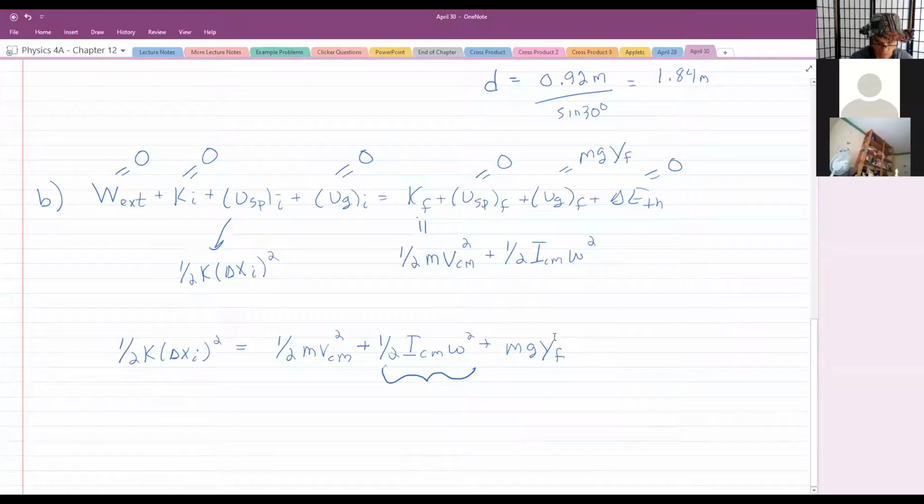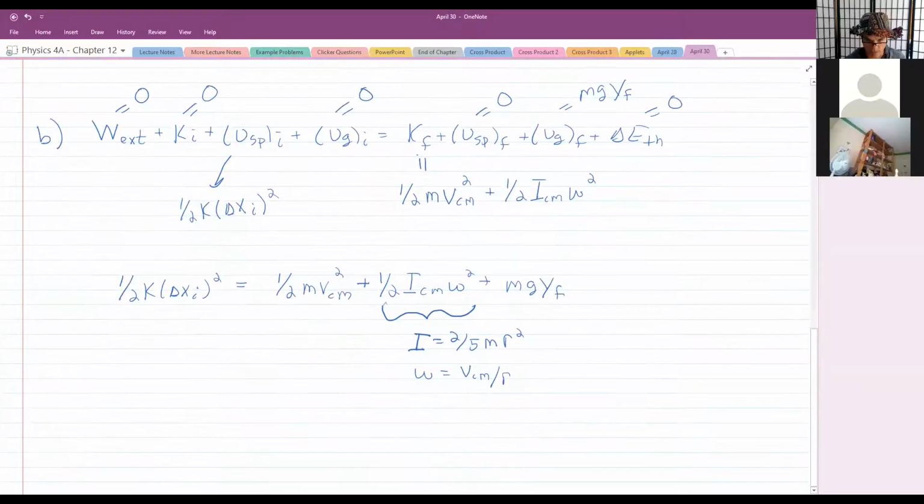Okay, so my I for a solid sphere is 2/5 mr squared, and my omega I can write as v over r.